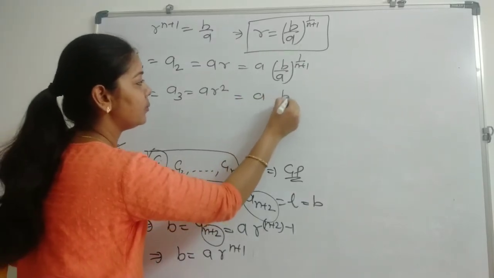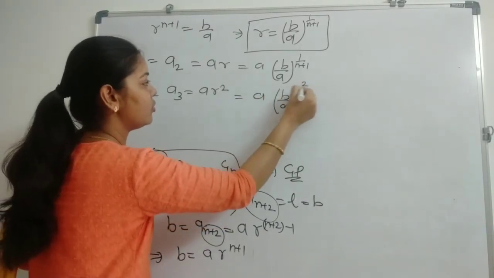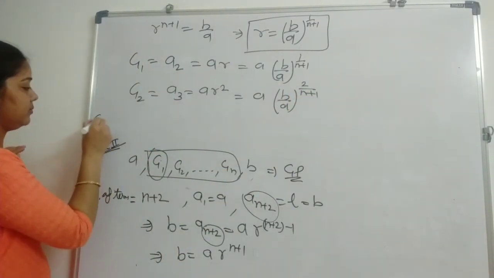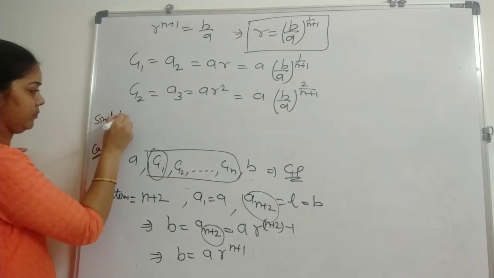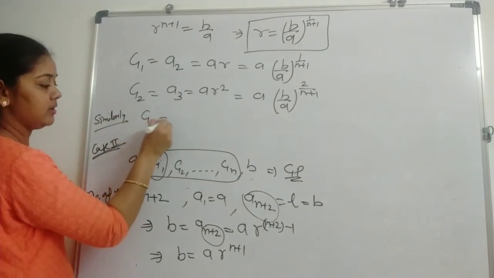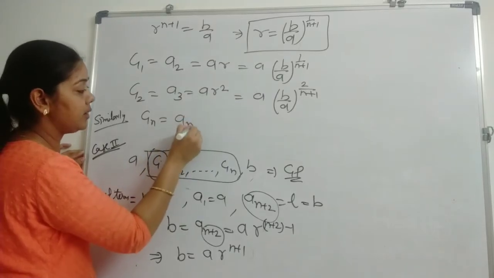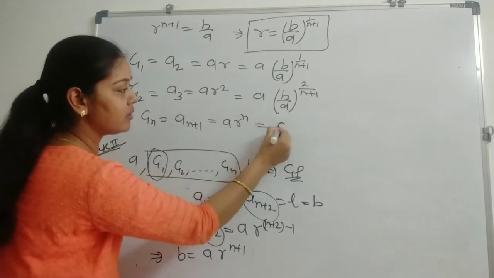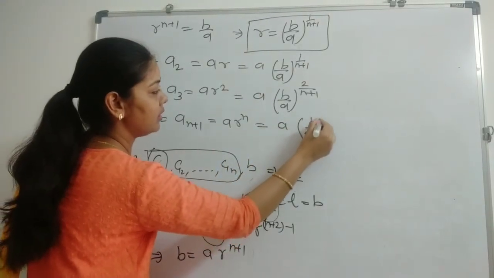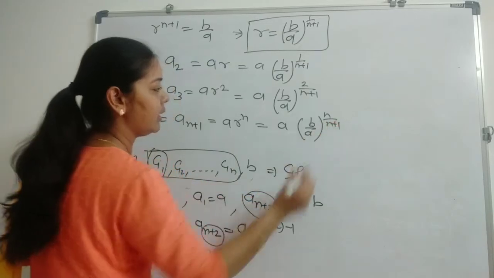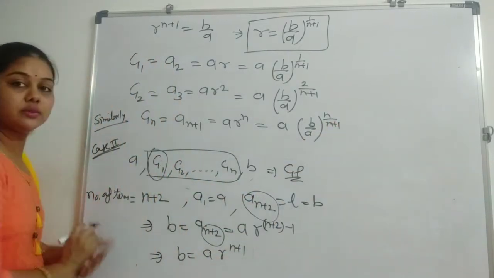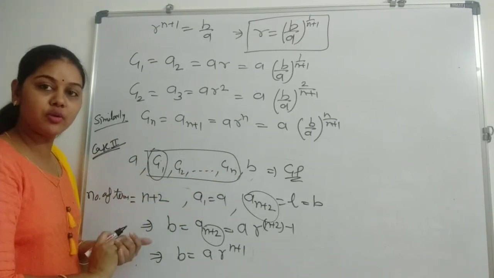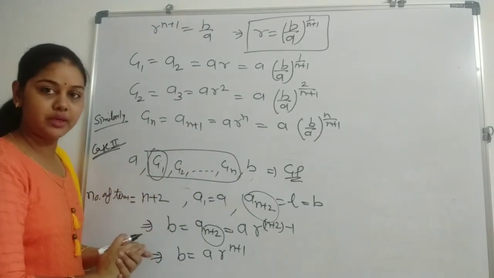It means a (b upon a) whole to the power 2 upon n plus 1. Similarly, Gn, it means the (n plus 1)th term, that will be a r to the power n, that will be equal to a (b upon a) whole to the power n upon n plus 1. Is it clear, students? Now, all these terms G1 to Gn are called geometric means between a and b.